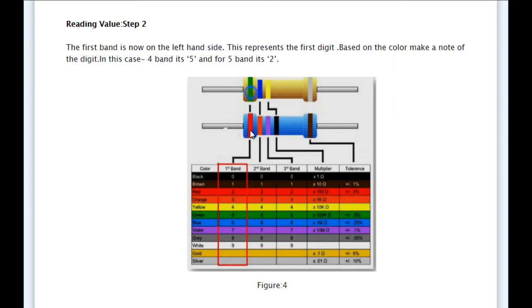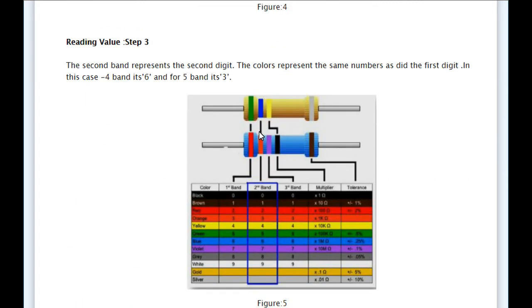Then step 3, the second color band is blue. According to the table, blue represents the numeric value of 6. So now it is 5 and 6.